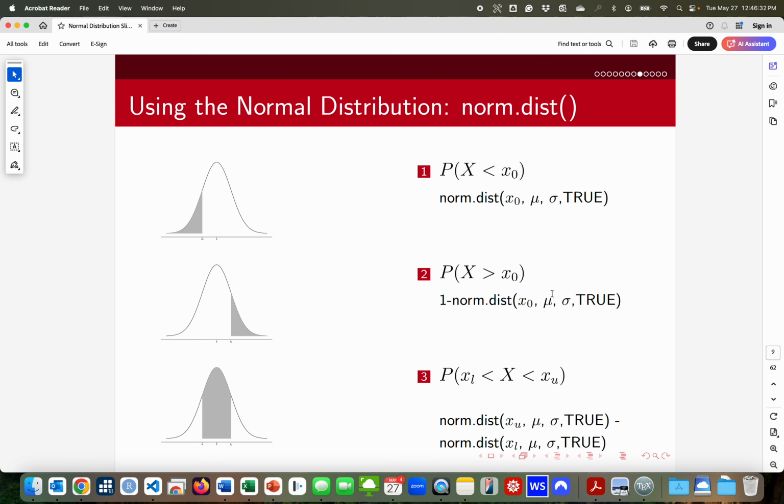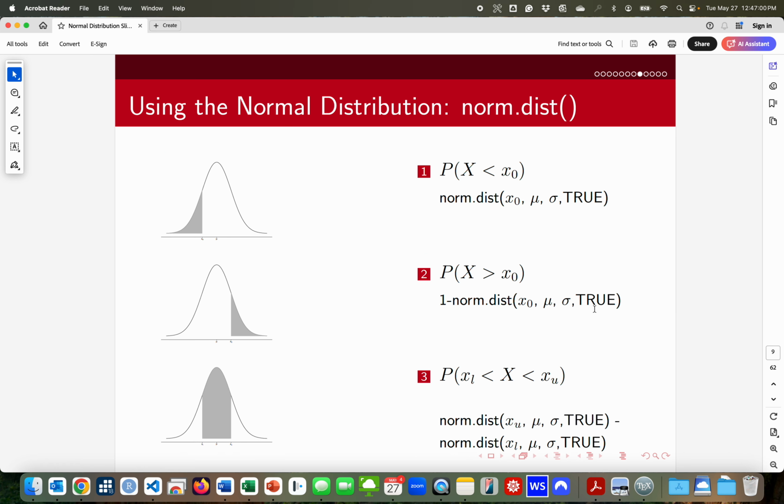By default, Excel tells you the probability that x is less than something. If we want to know the probability that x is greater than something, we have to do 1 minus that norm.dist function. So this part right here tells us the probability that x is less than x naught. 1 minus that tells us the probability that x is greater than that.